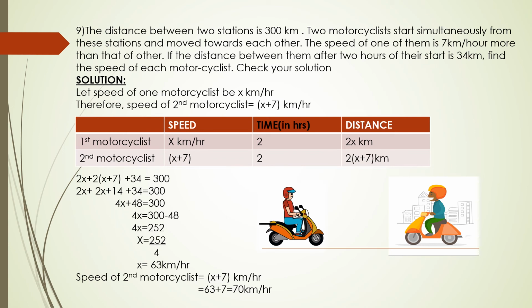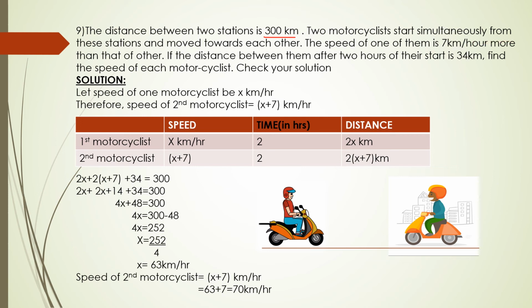Now the last question of this video for you. The distance between two stations is 300 kilometers. Two motorcyclists start simultaneously from these stations and move towards each other. The speed of one is 7 km per hour more than that of the other.